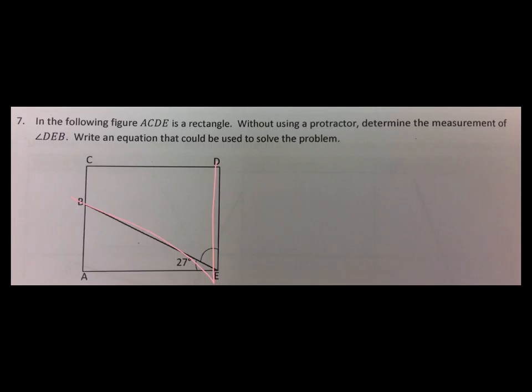So if we know that this figure is a rectangle, we know that this angle right here is a right angle, or 90 degrees. If we know the measurement of half of that is 27 degrees, we can subtract that 27 from 90 to solve for the unknown part of the angle.